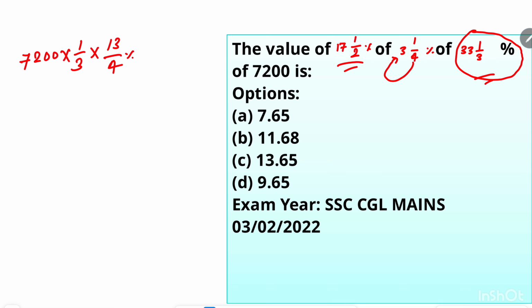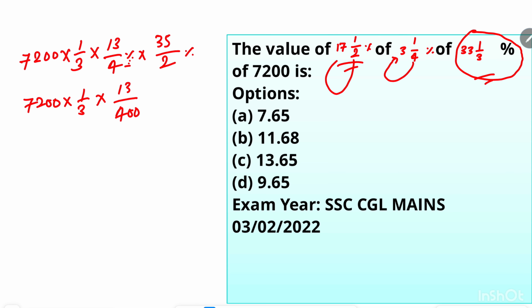And if you do the same thing, 35 by 200 percent, 7200, 1/3, 13 by 400. Because when you remove the percentage, it gives 100 in the denominator, right?